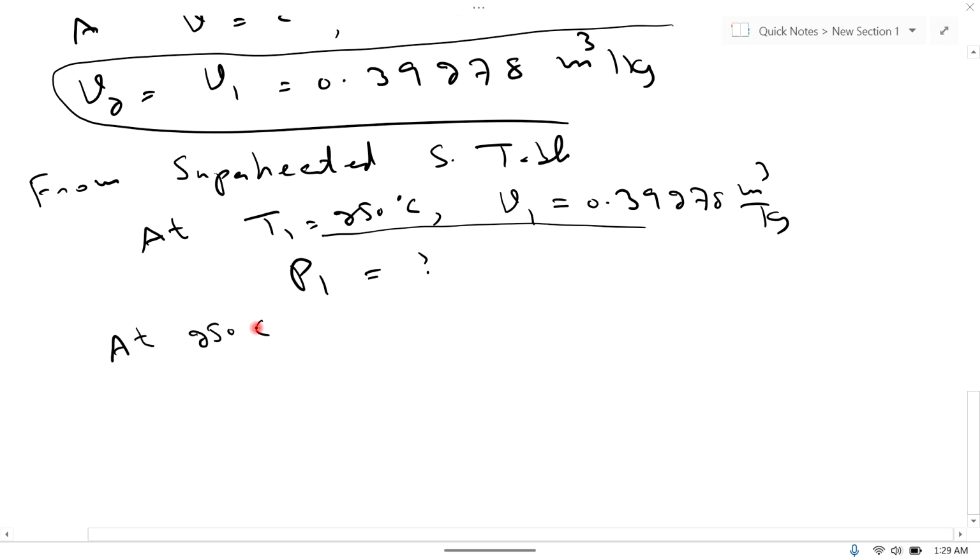So from the table, at 250 degrees centigrade, we have specific volume in meter cube per kg and pressure in kilopascal. The exact value 0.39278 is not available in the superheated steam table.